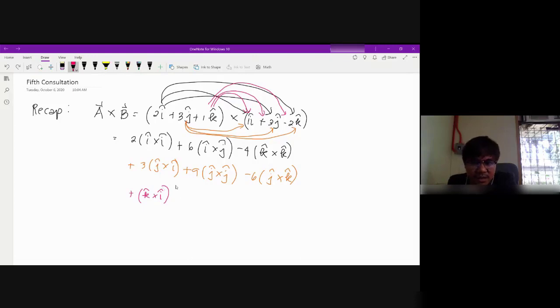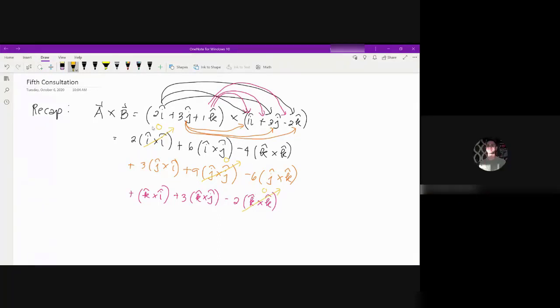Then plus 3 K hat cross J, and then minus 2 K hat cross K hat. Now, sa ibalaan last time, ang mga unit vector nga i-cross sa iyang kagalingon, that's 0. Right? So this one is 0, this one is also 0, and likewise with this, that's 0.